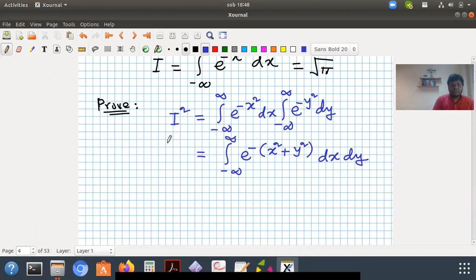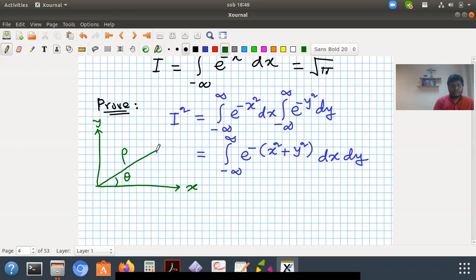Okay, so what is this? Suppose it is a Cartesian coordinate system. First, let me draw the Cartesian coordinate system: x-axis, then y-axis, the radial part defined as rho, and this angle theta.